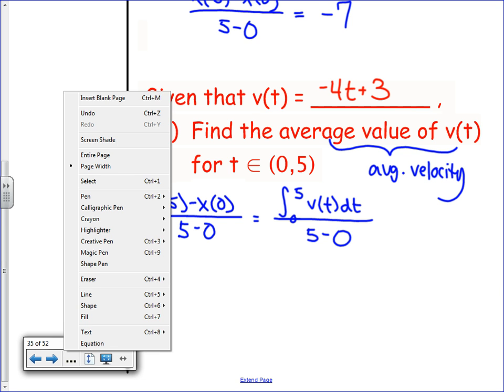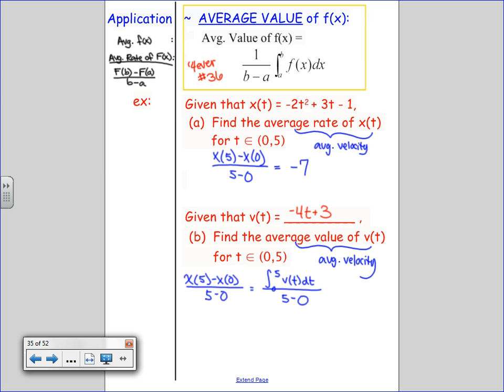Guys, I'm going to zoom out. Why on earth would I show you, whatever, you gave me position? Why are you making it all confusing? It's because the AP guys could just give you velocity and say go. And they could give you one that you couldn't anti-derive at all in your head, and it's a calculator problem, and you have to know what to do. To find changes in position over change in time, if you have position, just plug it in.